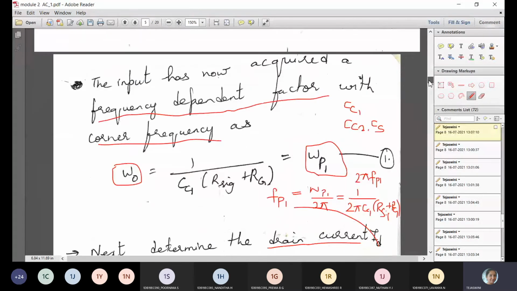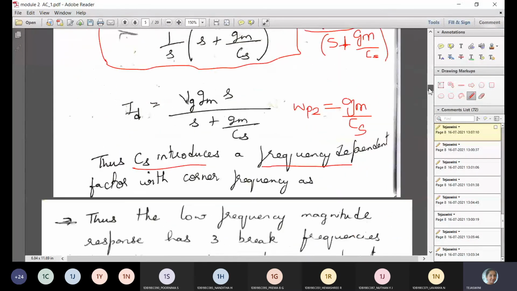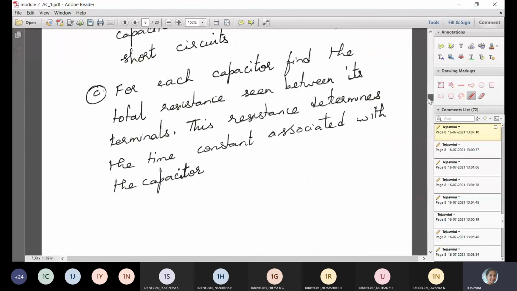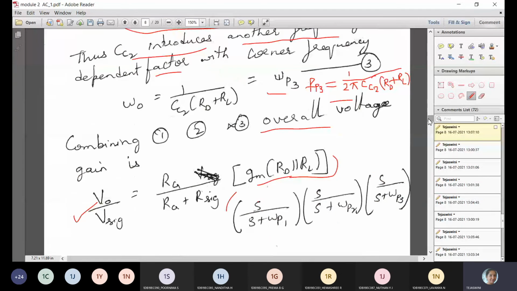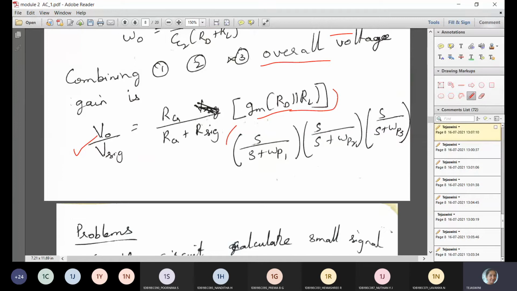Okay, write down: FP1 is 1 by 2 pi CC1 into R signal plus RG. FP2 is GM by 2 pi CS. FP3 is 1 by 2 pi CC2 into RD plus RL. Now is it clear now? Yes, ma'am.